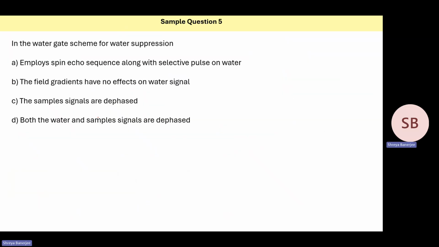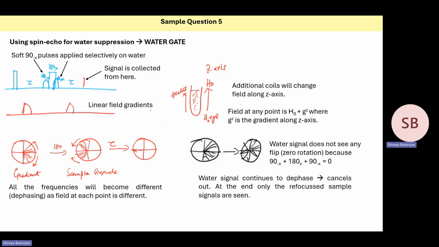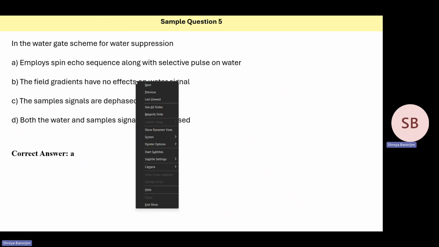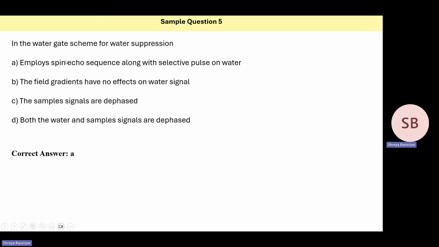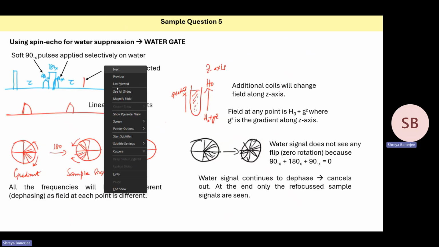Then you have this question. In the Watergate scheme for water suppression, what happens? Let's look at each of the points. The first option says it employs a spin echo sequence along with selective pulses on water. So what is the Watergate sequence?